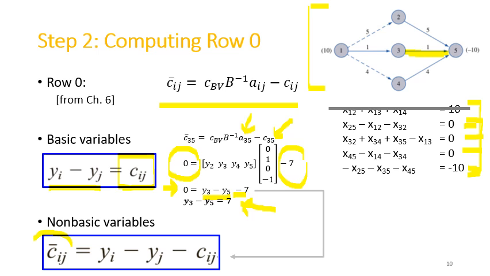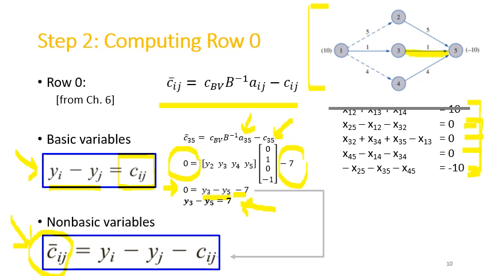Now, why can we not throw this out? In the basic variables, we can set Cij with hat equals 0, but in non-basic variables, why can't we do the same thing? Again, remember in a simplex table, the one that has coefficient of 0 in row 0 is only for basic variables.